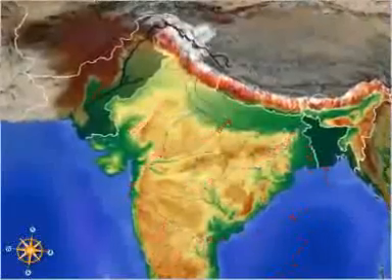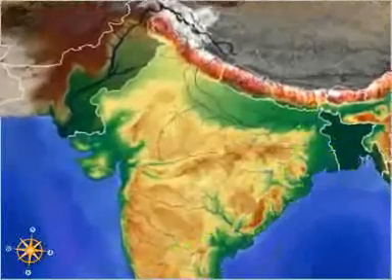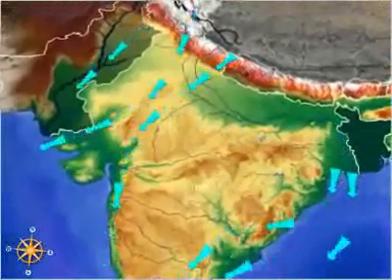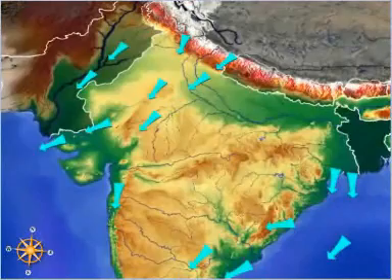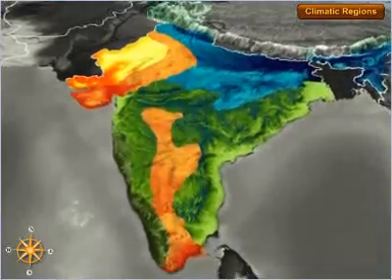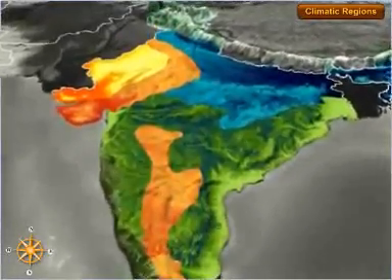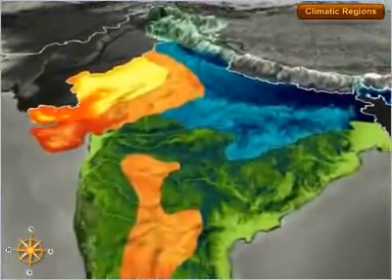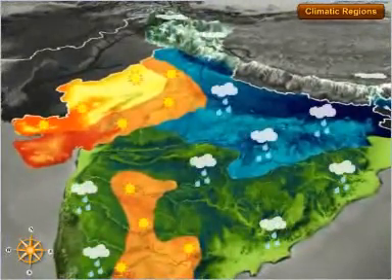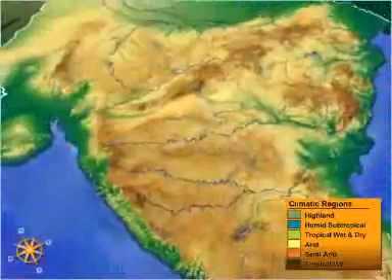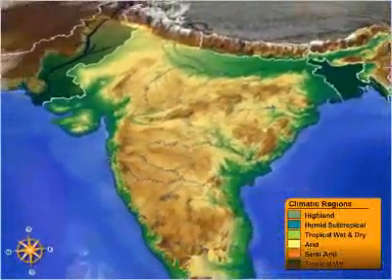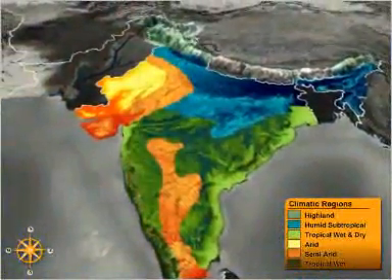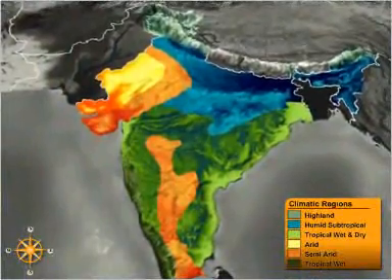Monsoon refers to the seasonal reversal in wind direction during a year. Even though the weather elements follow a general pattern, great contrasts are noticed in these elements between different parts of India. Let us study the spatial as well as the seasonal variations of temperature and the rate of precipitation across India.